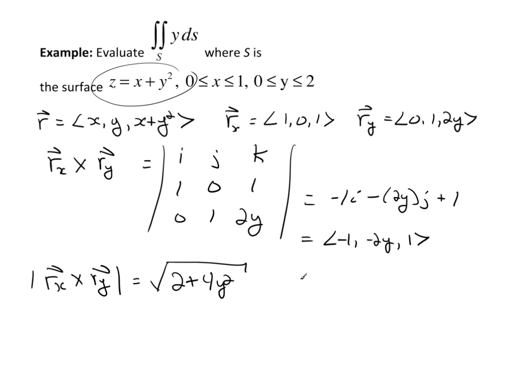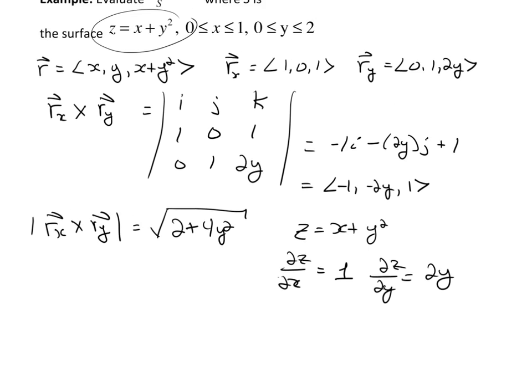Now notice here that z was equal to x plus y squared. So if I took a look at the partial of z with respect to x, that's 1. The partial of z with respect to y, that's 2y.